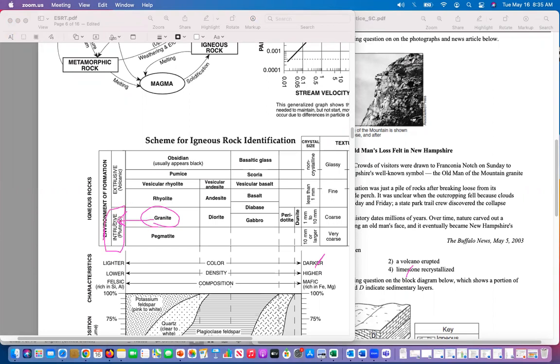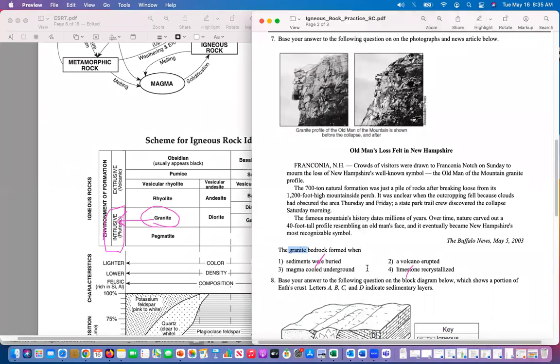The environment of formation, why is that important? It's important because intrusive means that it was created inside of the earth. So therefore, my answer has to be choice 3, magma cooled underground. All right.